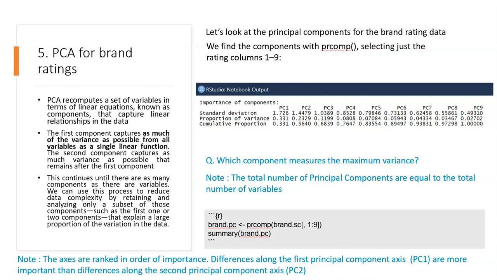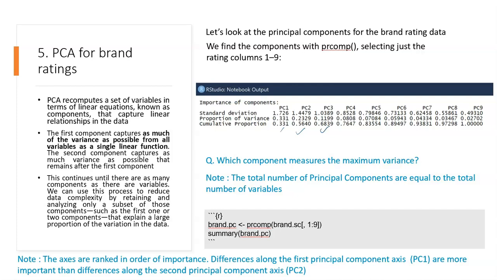You can see that this principal component analysis gives the variance. The first principal component explains 33% of the variance, the second 23%, and the third 11.9 or 12%. If I add these, 33 plus 23 is 56, plus 11.9 is 68%.